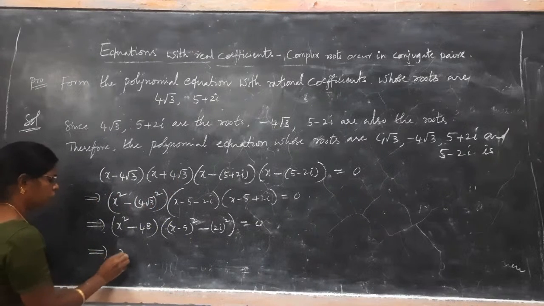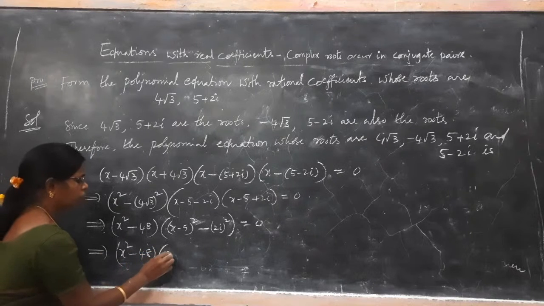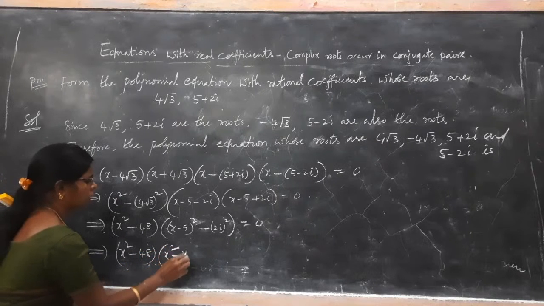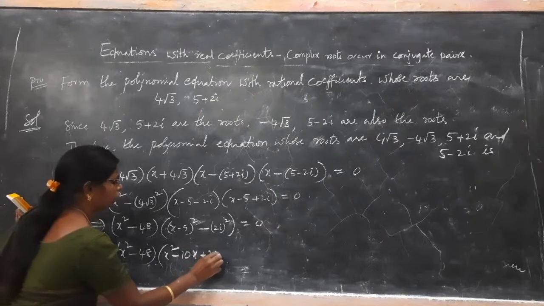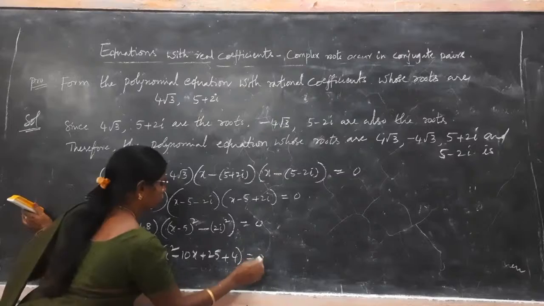This implies x square minus 48 into x square minus 10x plus 25 plus 4 is equal to 0.